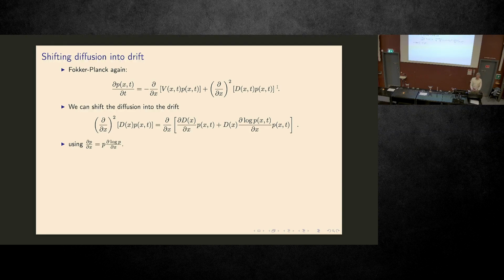You can see that very simply, because if you look at the diffusion term here, it has this second order derivative. So if I take one of these derivatives and move it inside, I get a term which is d/dx of this term times p, and then another term which looks like this, where I have used the best trick in the book: take the log derivative, right?